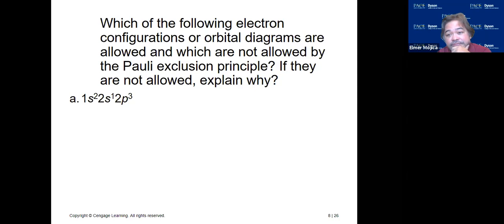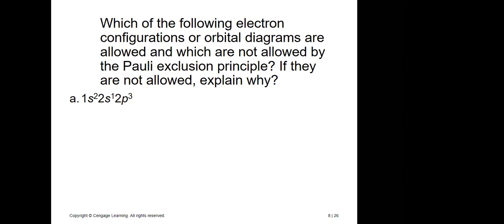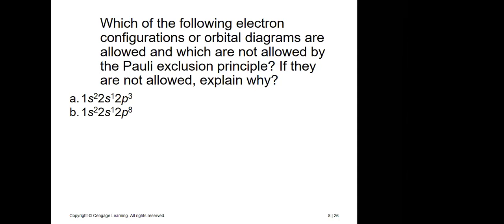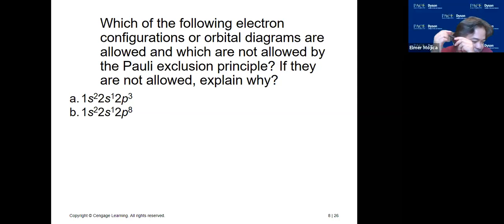One of the electrons can be excited and go to a much higher energy level of the orbital. How about this one? Is this allowed? No.